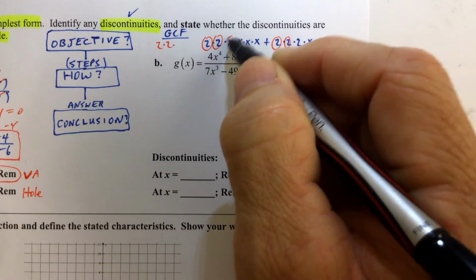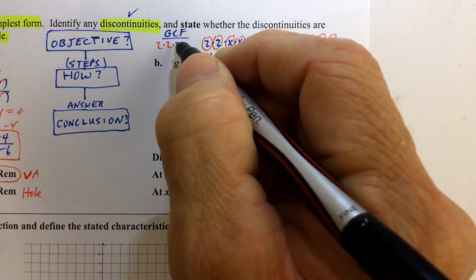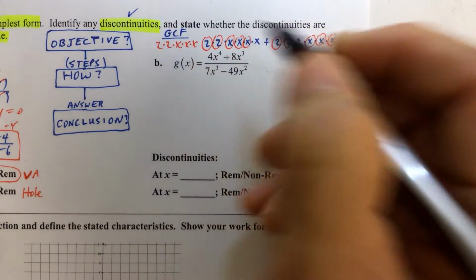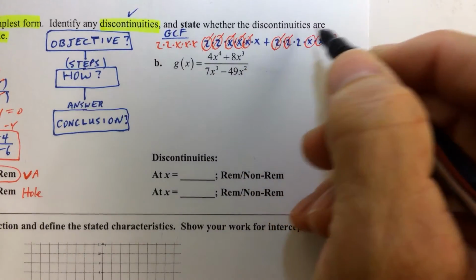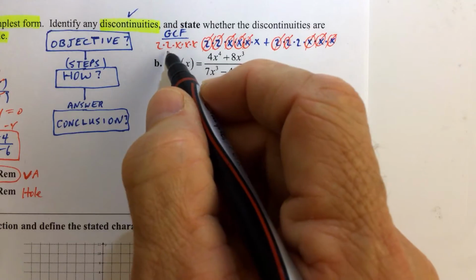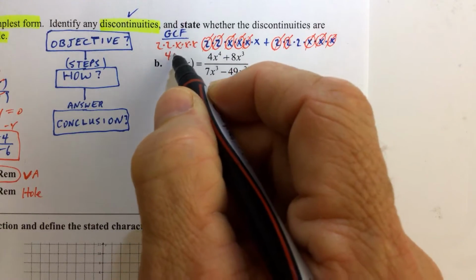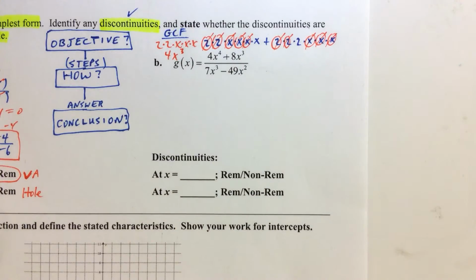We have x's, 1, 2, 3 here, 1, 2, 3 here, so we have x times x times x. Basically we've taken those common factors out of each term, and we've come up with 2 times 2 is 4, and x times x times x is x cubed. We've taken out a 4x cubed.